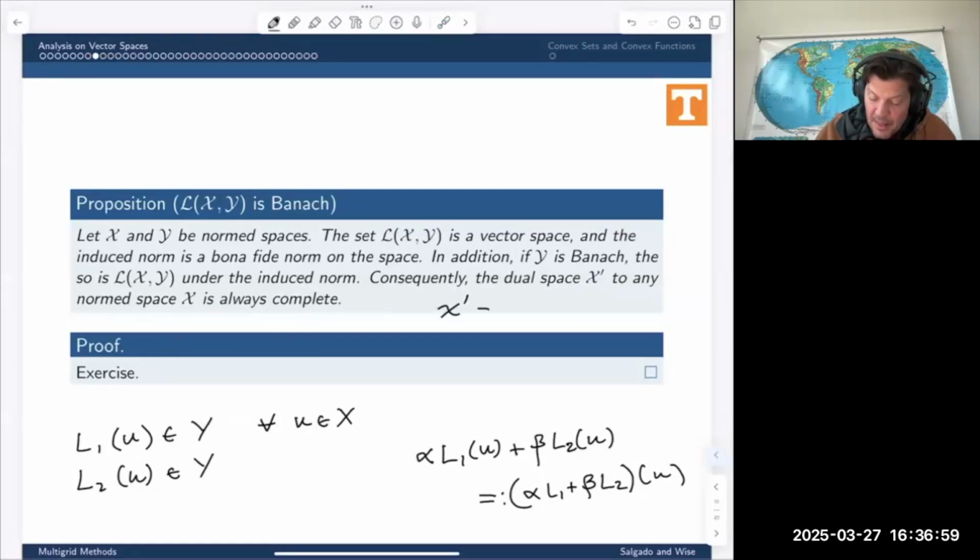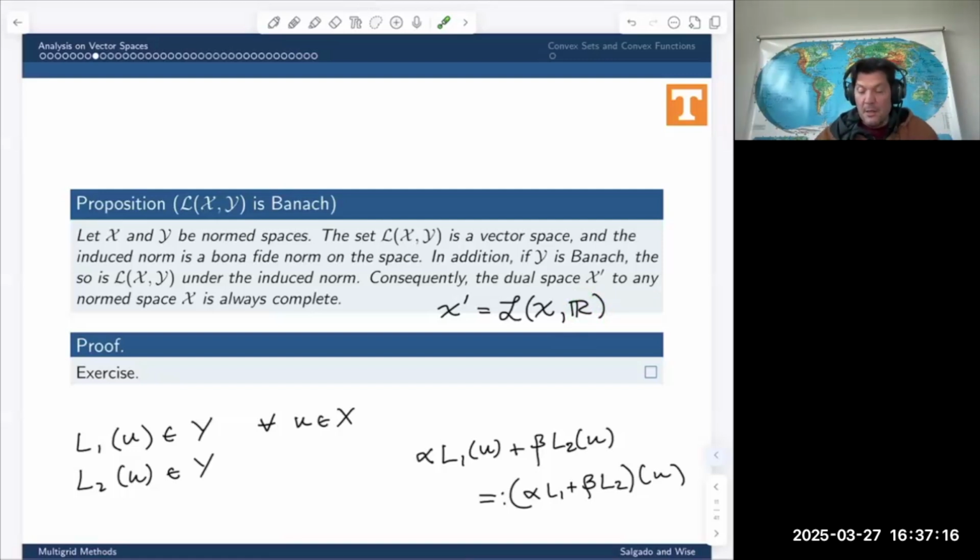The dual space is the set of all bounded linear mappings between X and R. And this guy here, R, that's the first Banach space that we ever encountered. We figured out early on that Cauchy sequences are convergent in R under any norm we wanted.